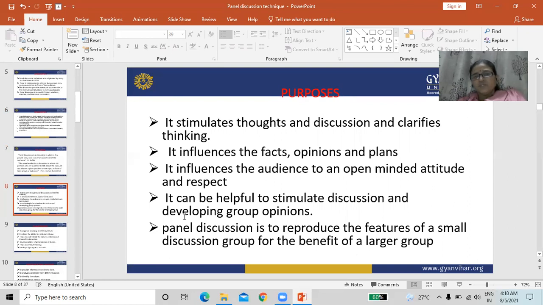It influences the audience to an open-minded attitude and respect. It can be helpful to stimulate discussion and develop group opinions.